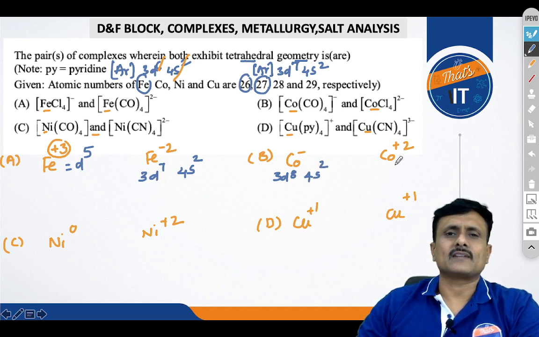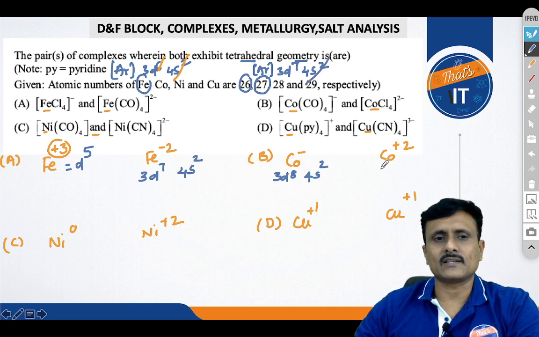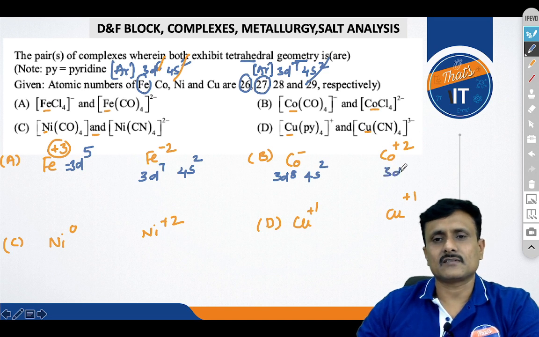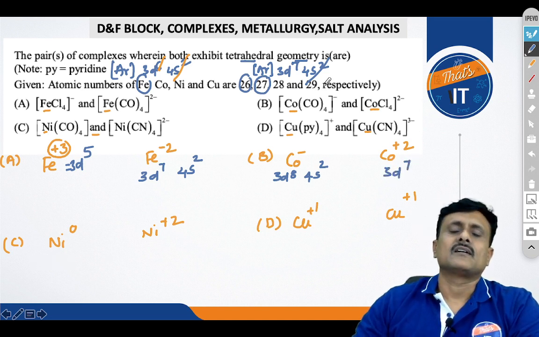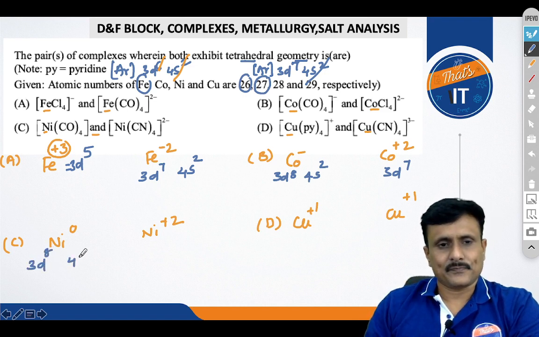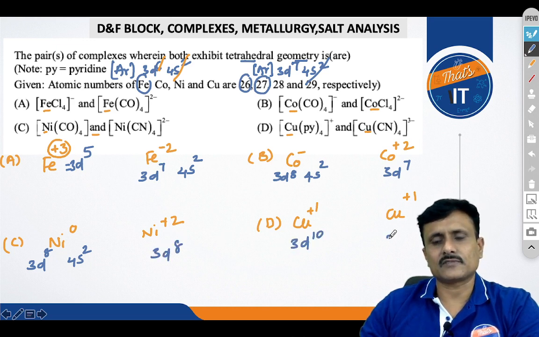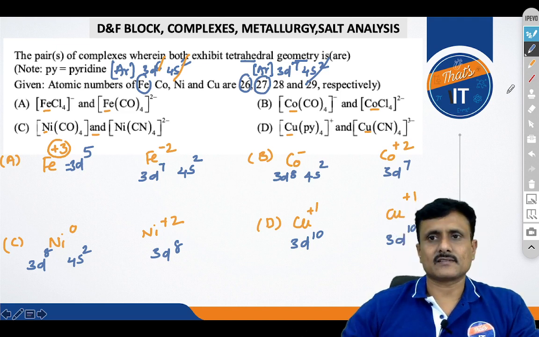Over here cobalt is +2, that means you are going to remove these electrons, so you write only 3d7. So first you need to write the configuration. Nickel is 28, so 3d8, 4s2, and when these electrons are removed here, it is 3d8. This is 3d10 and this is also 3d10. First you have to write the configuration.